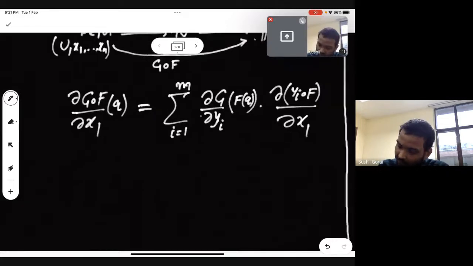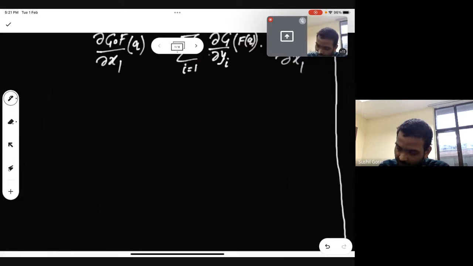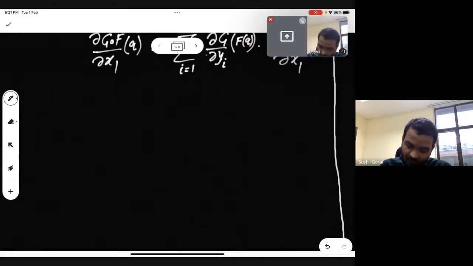Any other question? Now, what about the inverse function theorem?